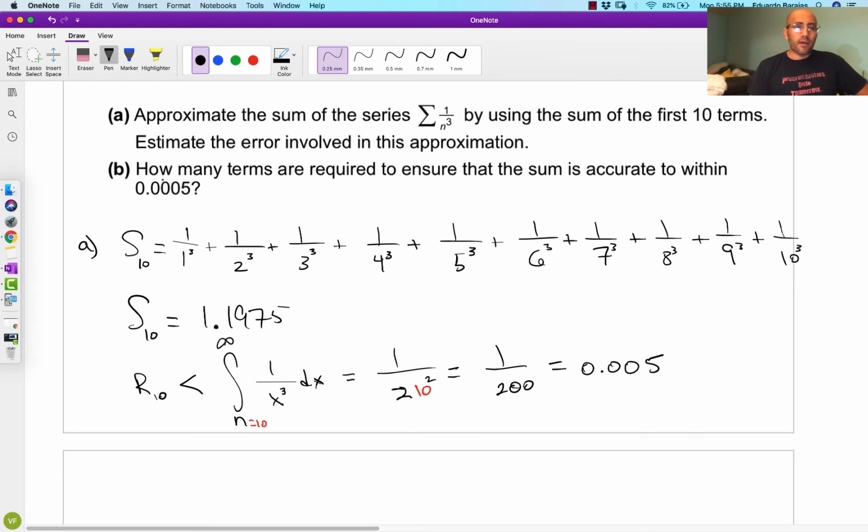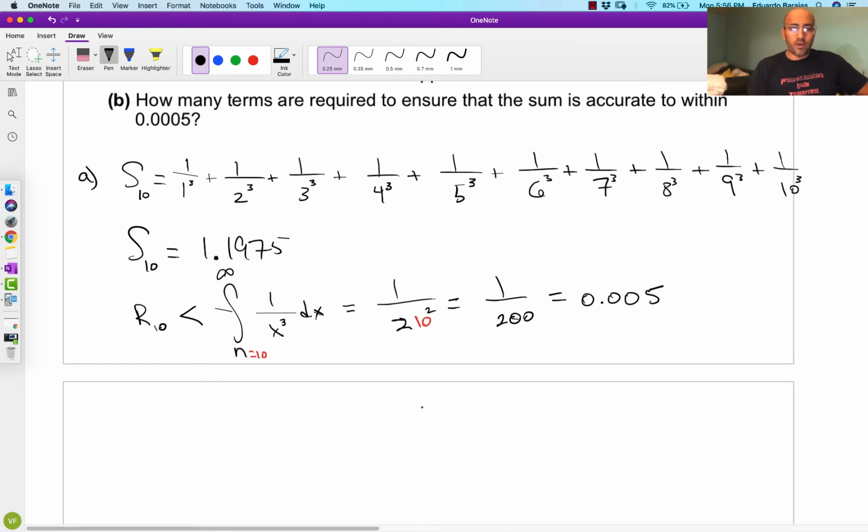Part B: how many terms are required to ensure that the sum is accurate to within 0.0005? So we were accurate to 0.005 when we added the first 10, but what if we wanted to be even more accurate, even closer to the answer, to be within this much? I want to kind of reverse engineer this to figure out the value of n, and I'm going to work with this right here.